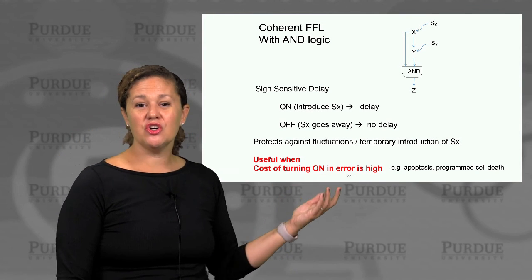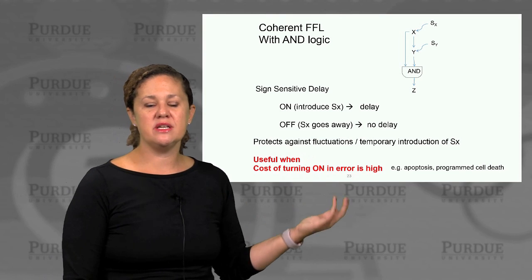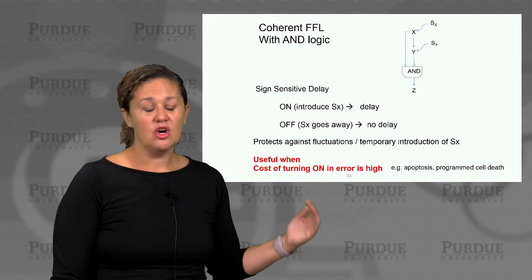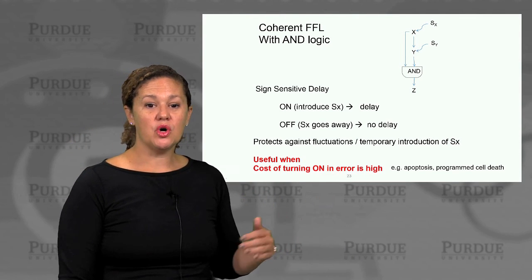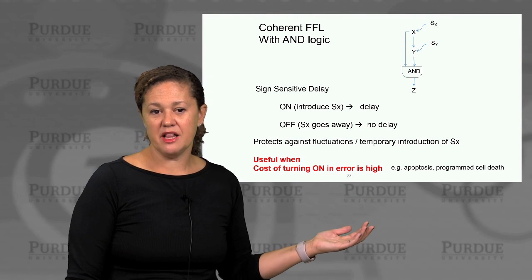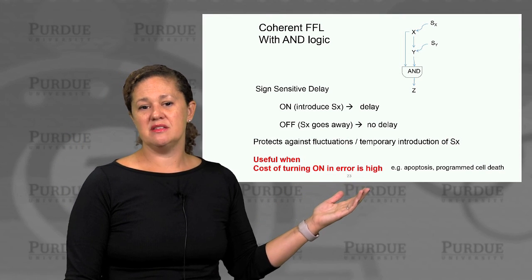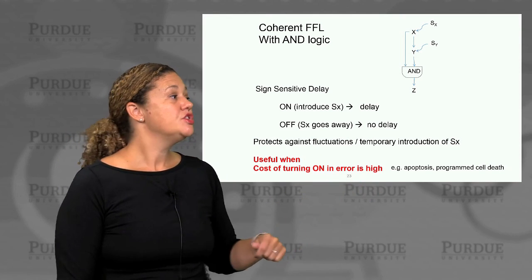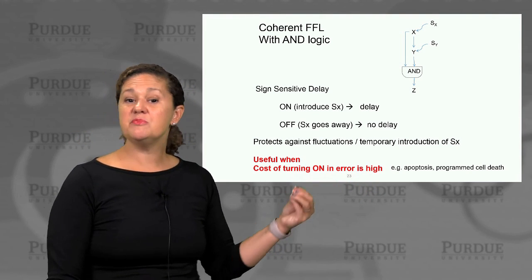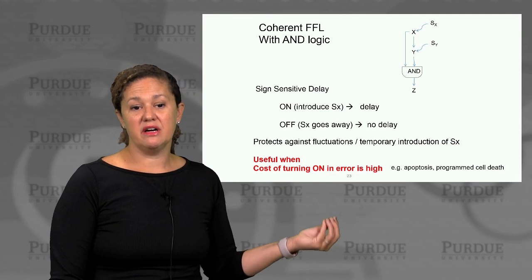The cost of turning on cell death in error, you wouldn't want to cause erroneous cell death when it's not necessary, when the stressors aren't present, or the signals for cell death happening when they should be in order to get normal organ development, for example, in the brain or other organs in the body. You would not want this to turn on in error. So this would be an example of a type of cellular function that needs to be turned on, but the cost of doing that erroneously would be very high.